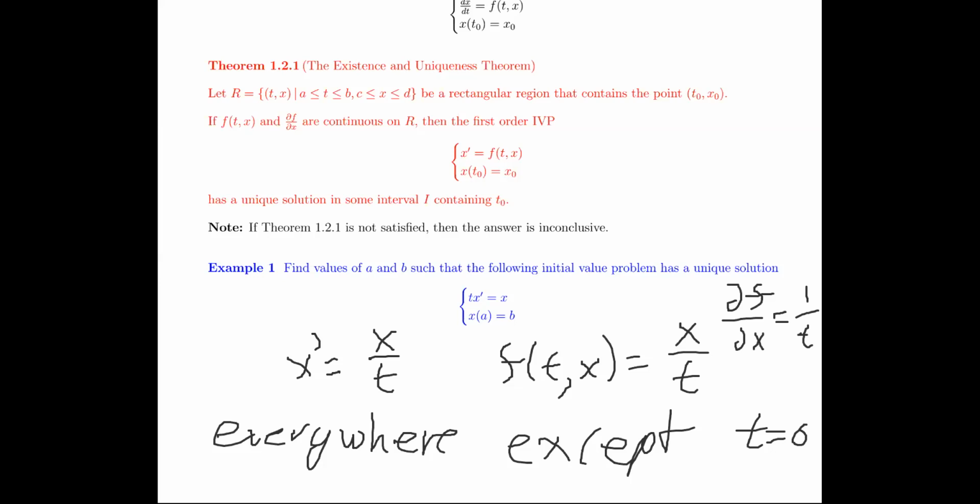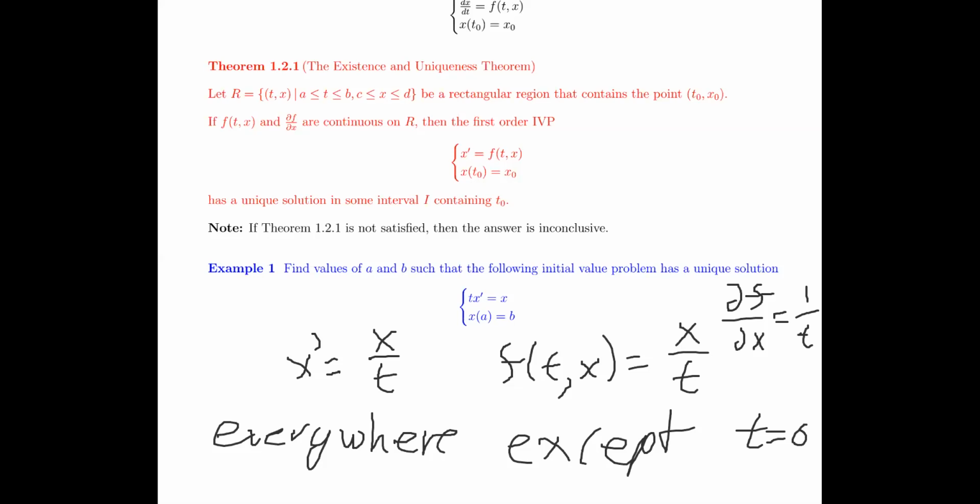Well, that would be every point as long as t is not equal to 0. If t is not equal to 0, no matter how close it is to 0, we can find a rectangular region, no matter how small it needs to be, that does surround the point so that the function is continuous and its derivative with respect to x is continuous.